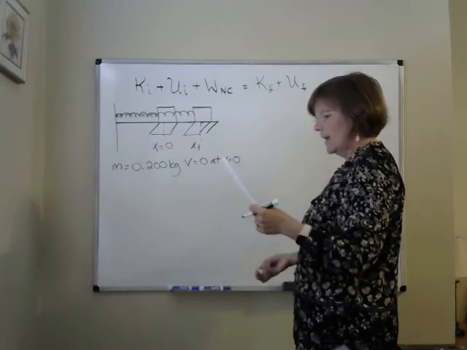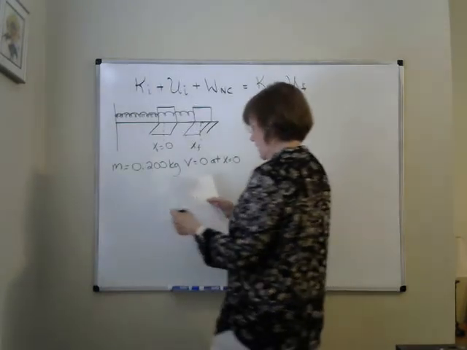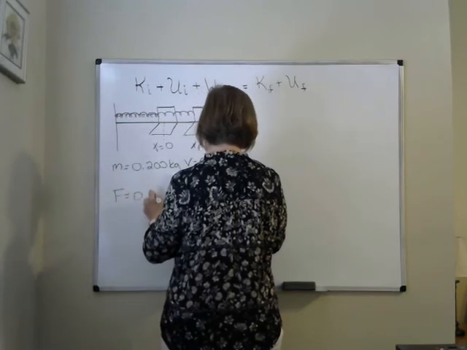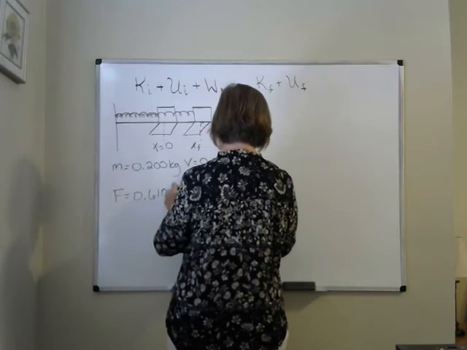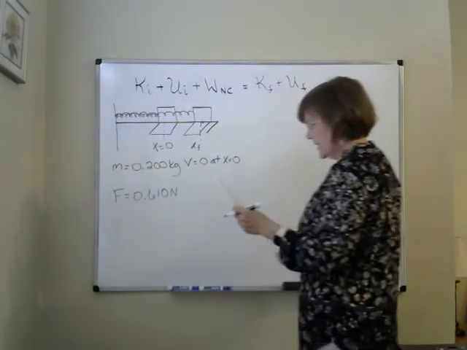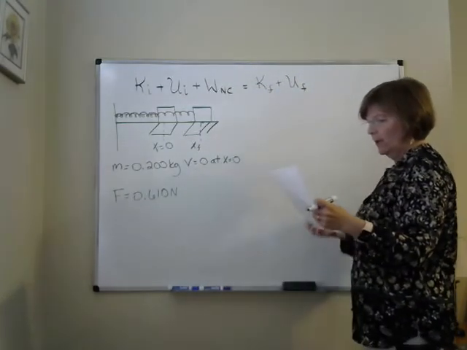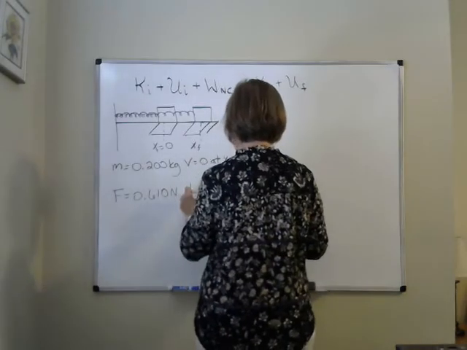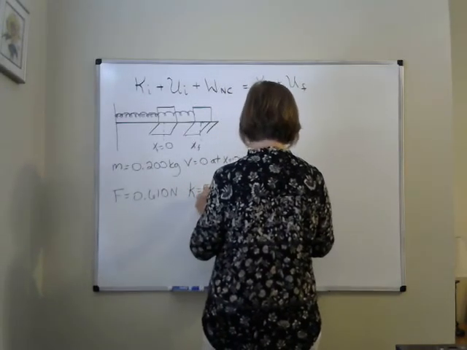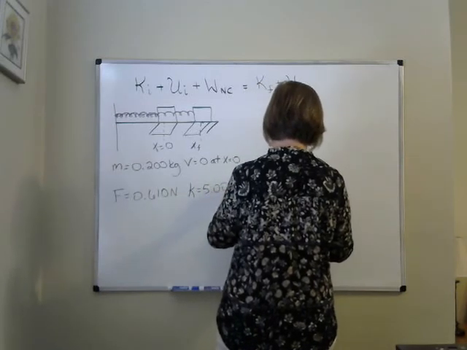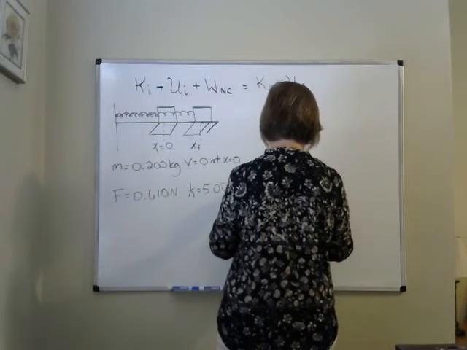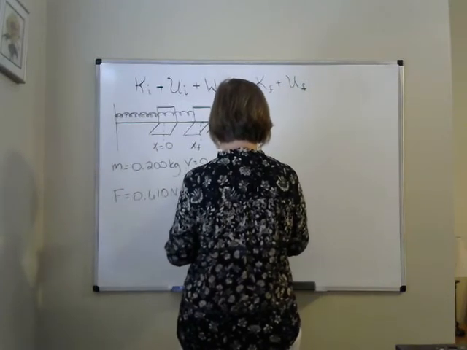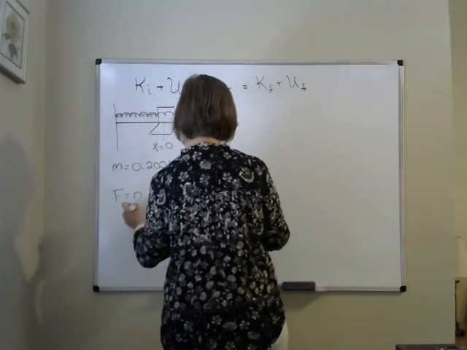It says you apply a constant force of 0.610 newtons to the glider. How fast is the glider moving when it has moved to 0.10 meters? The force constant is 5 newtons per meter. And we want to know how fast it's going.